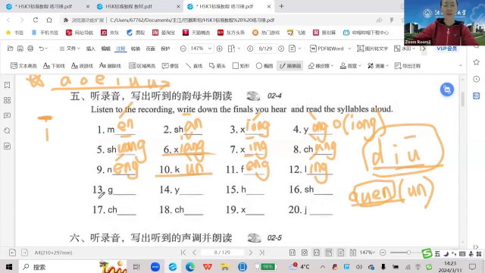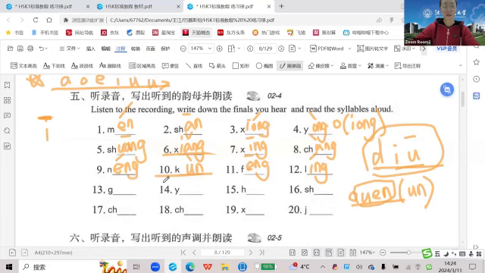Okay, number 13. Listen to me carefully. 关. The other students, what is your answer? Please input your answer in the chat room, including the tone. 关.